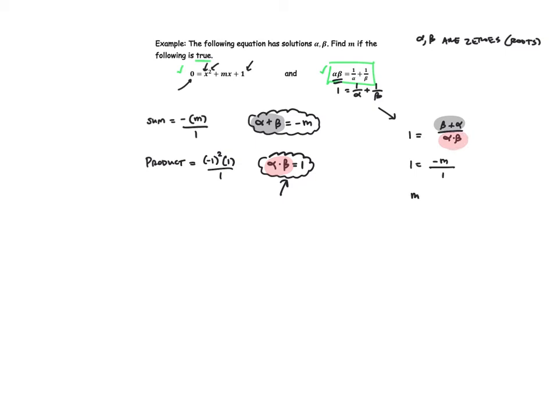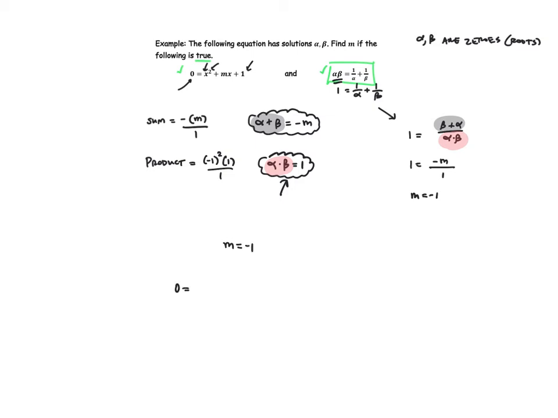Thus, negative m is equal to 1, therefore m is equal to negative 1. Therefore, without even finding the values of alpha and beta, I don't know what the roots are. I could find them. They're going to be complex, I'm assuming. I've now found the value of m.